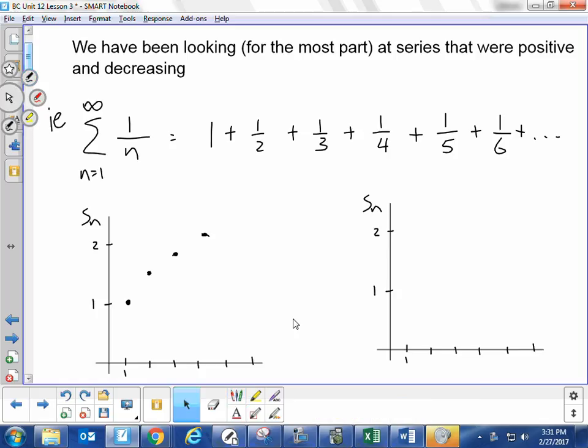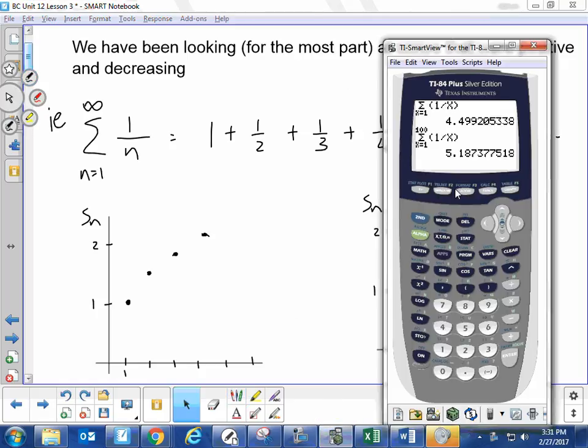What we can discover, if we have our ability to use our calculators, is that your calculator does summations and nth partial sums. It might be an easy way to check to see if things are converging or diverging. If you go to math 0, you see summation.